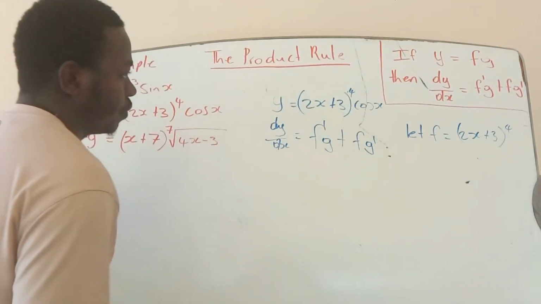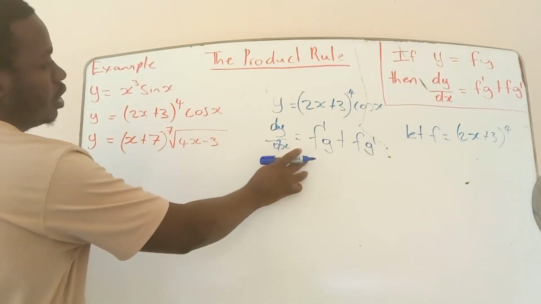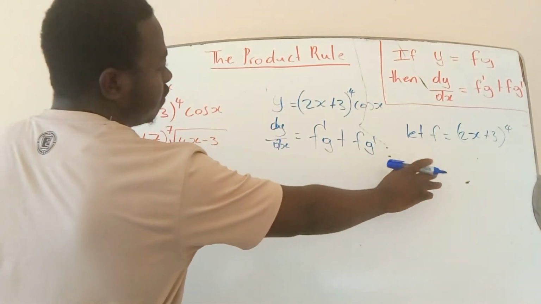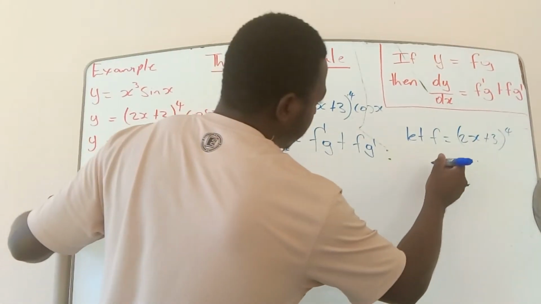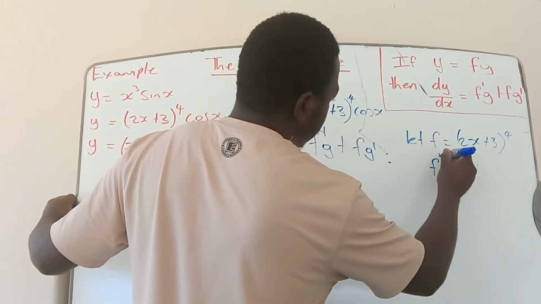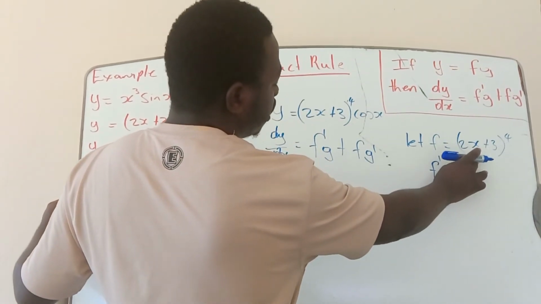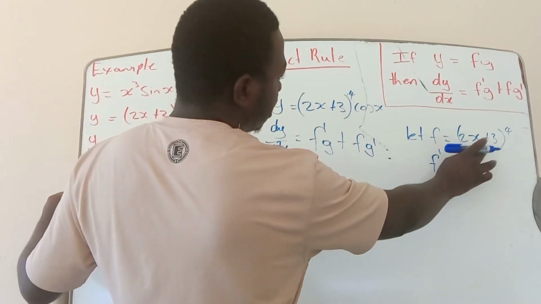Now from this formula, we know that we need the derivative of f. So let's just go ahead and find the derivative of f, which is written as f prime. We can differentiate this function using the chain rule.